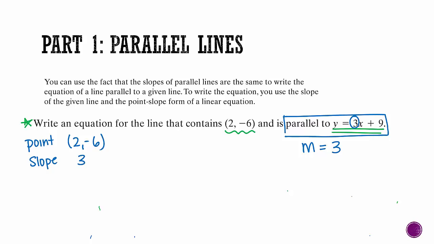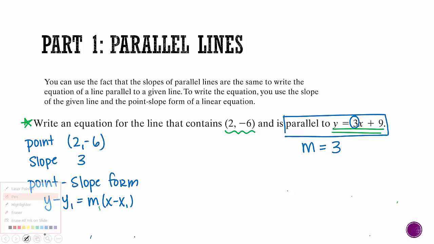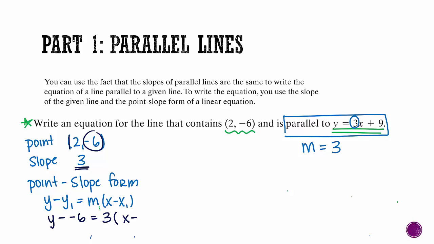So that means we can plug it into point-slope form. And remember, point-slope form is y minus y1 equals m times x minus x1. So plug in what we know. I have y minus the y in my point, which is -6, equals the slope times x minus the x in my point, which is 2.